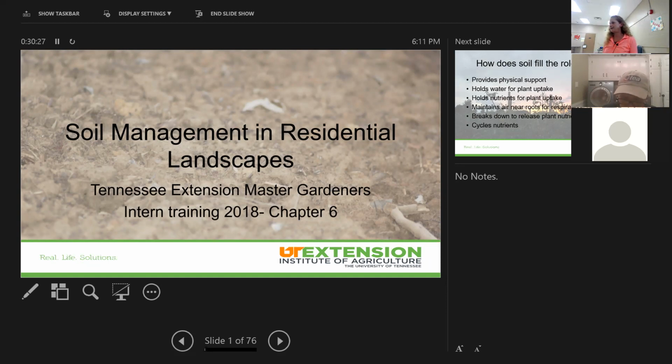I want to look at it from the aspect of a new homeowner. Maybe you've moved into a new home, they've taken that good soil away, and we want to talk about how to bring it back to life, and go back over how to gather your soil test and some things like that. So that's what we're going to talk about tonight.